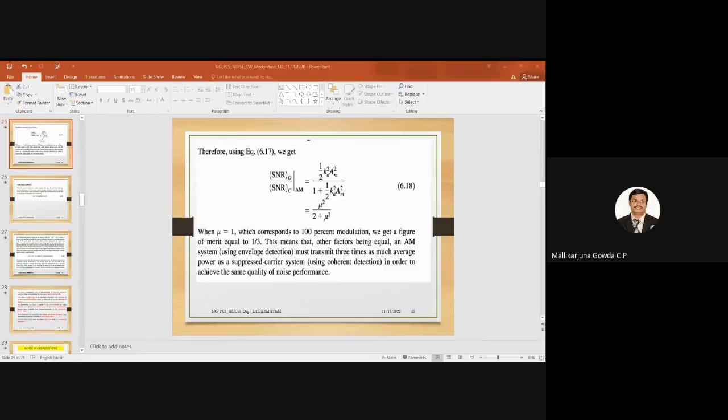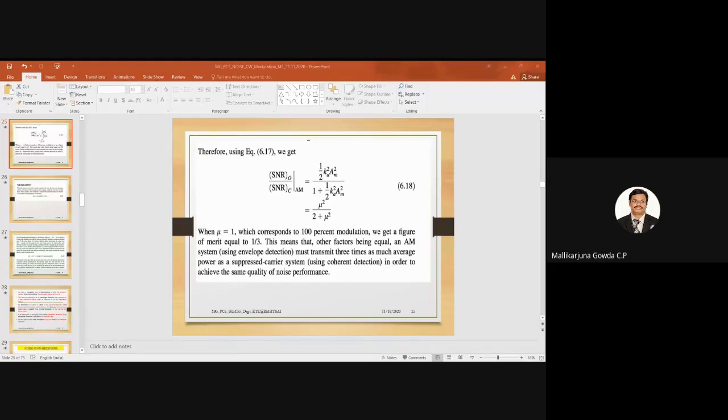Yes, sir. Mu is the modulation index, right? When there is 100% modulation, substitute mu as 1, so we get the figure of merit as 1/3, which is less than 1.